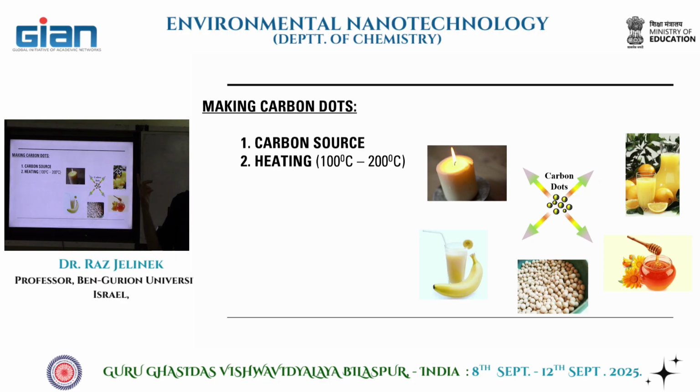Honey, banana, beans, candle, juice. What's common about all these? Carbon, exactly. All these materials contain carbon. If you take this material and you heat it, not such a high temperature, 100 degrees, you can do it at home in a stove.